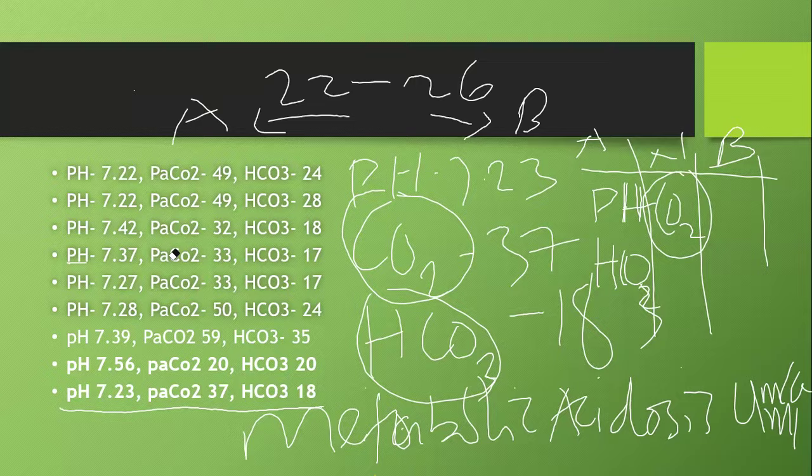Are you following? Yes, sir. Then you come to the compensatory aspect, whether it is compensating or not. We have done the uncompensated scenario, about 2 or 3 of them. Let's look at compensation, so we'll start with partial compensation.